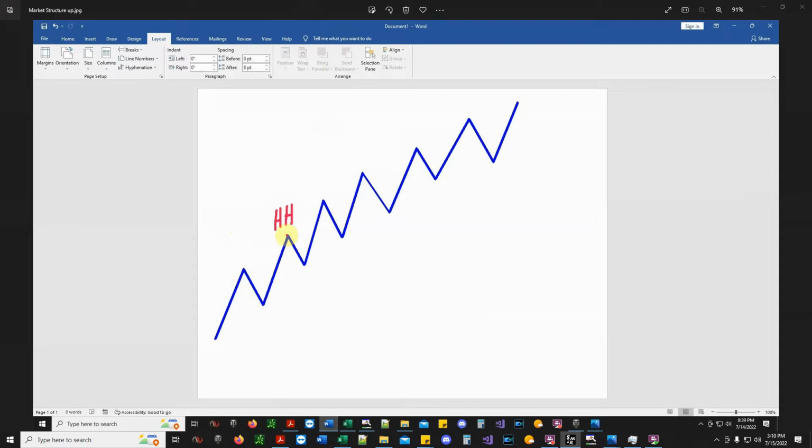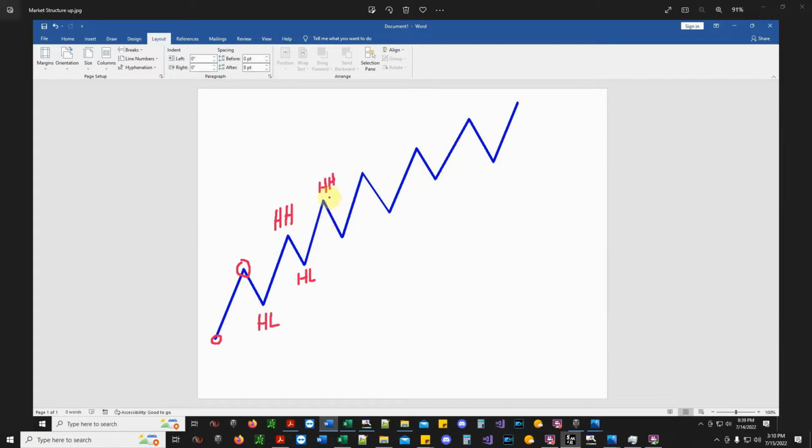Higher high: the current high is higher than the previous high. A higher low: the current low is higher than the previous low. And what you will notice is it keeps making higher lows, higher highs.